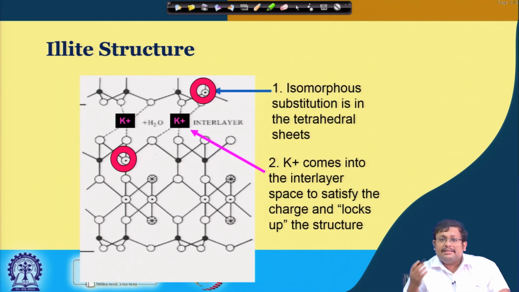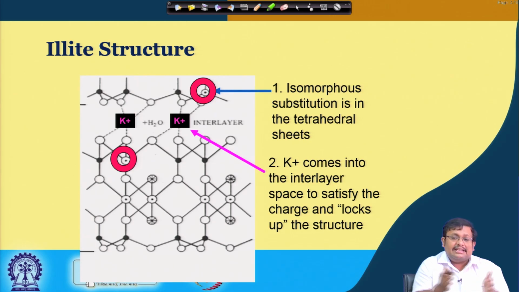Now, one of the basic features of this illite structure is that the isomorphous substitution always occurs in the tetrahedral sheet. And as a result of this substitution in the tetrahedral sheet, K plus or potassium ion comes into the interlayer space to satisfy the charge.